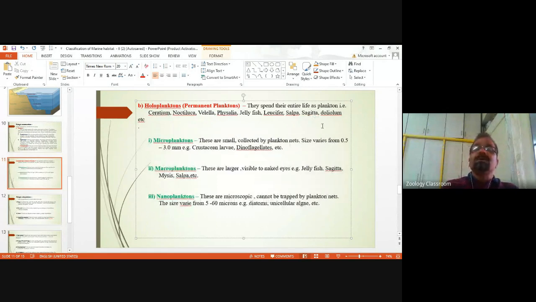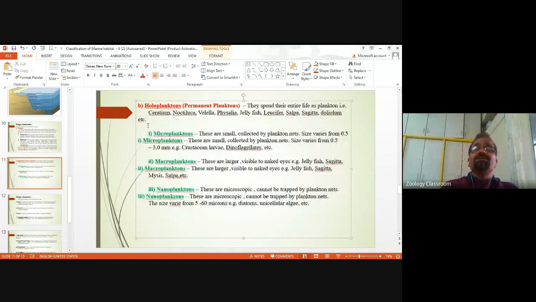All these forms do not transform; they remain as they are throughout their life. So they are considered holoplanktons, and they form the food of some fishes, or they may fall prey to certain organisms, or they may feed on other organisms, as in the case of Physalia and jellyfish.